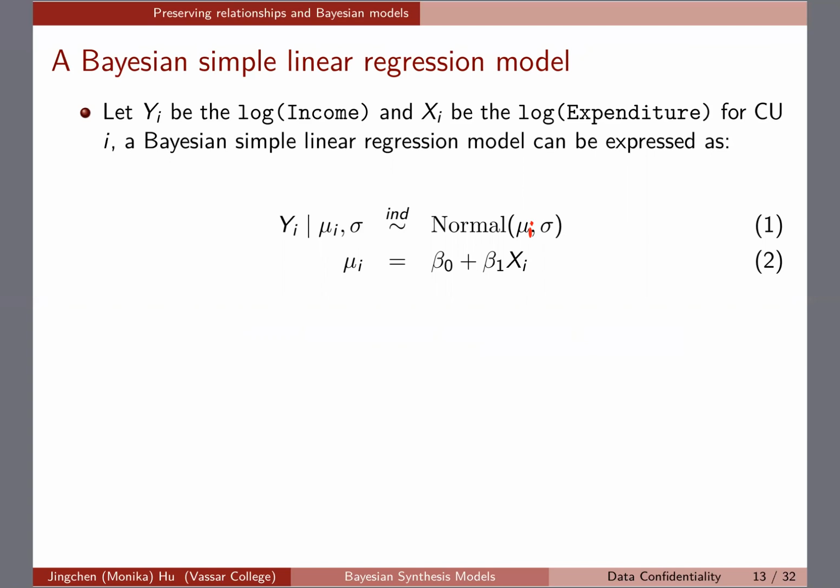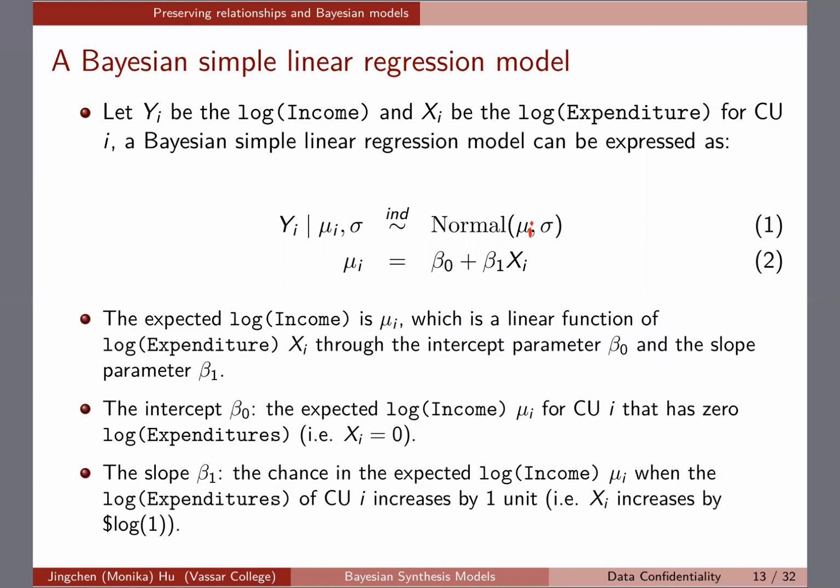So the parameters in the model, as we know, will be 3. Beta 0 is a parameter, beta 1 is a parameter, and don't forget sigma is a parameter. Mu i is the expected log income. It's a linear function of log expenditure through the intercept parameter beta 0 and slope beta 1.